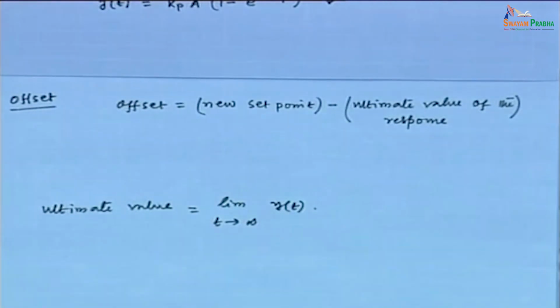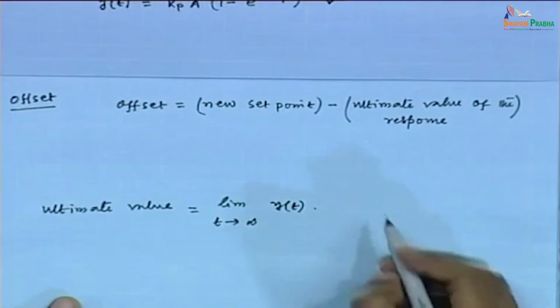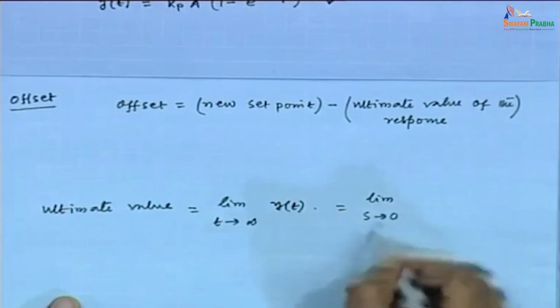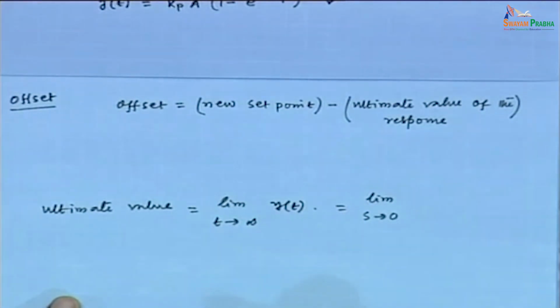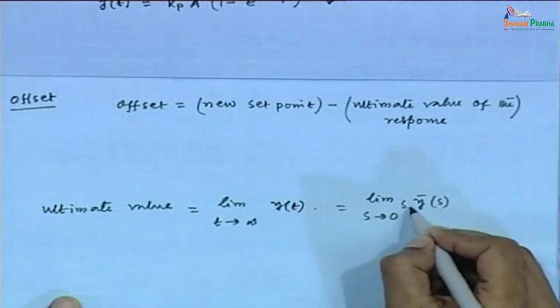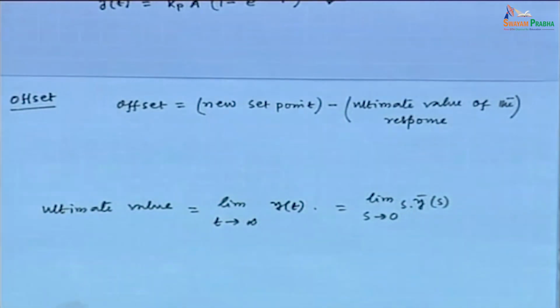Ultimate value is calculated by using the final value theorem, that is limit t tends to infinity y t, or we can represent in Laplace domain also by limit s tends to 0 s multiplied by y bar s. Ultimate value of the response is calculated by using the final value theorem.